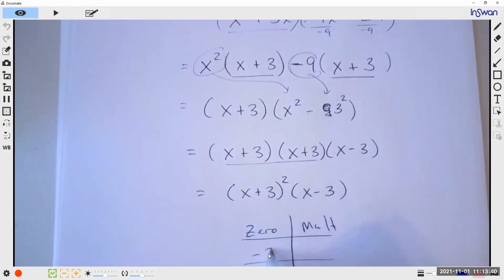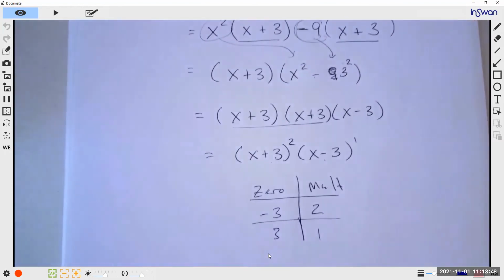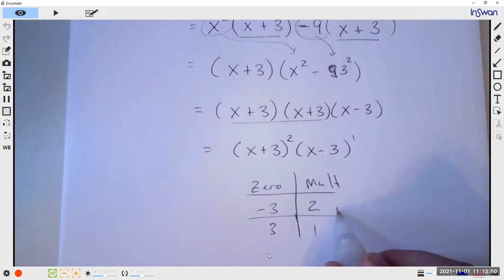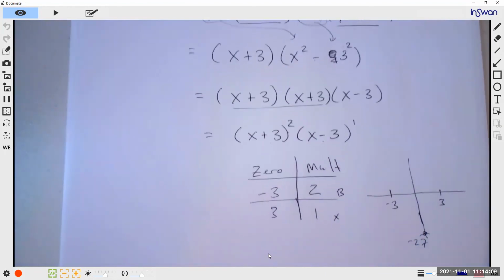This one's going to be negative 3. The multiplicity is 2. This one's positive 3. The multiplicity is 1. So this one bounces, this one crosses. And the y-intercept's at negative 27.